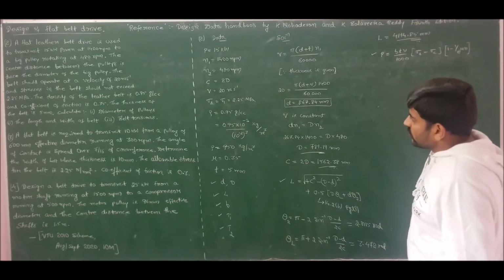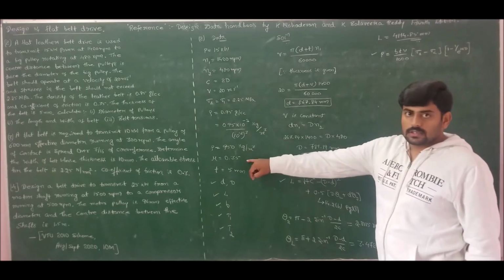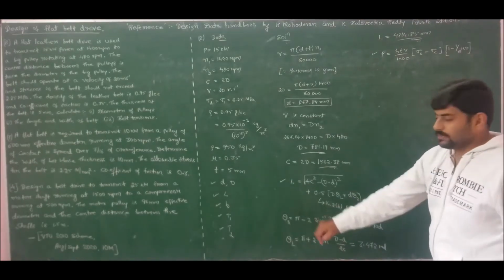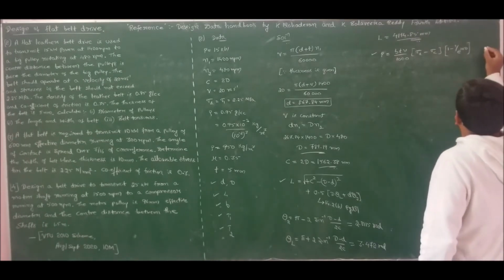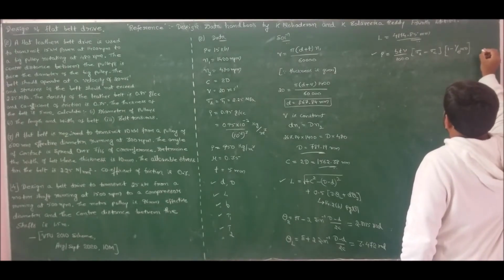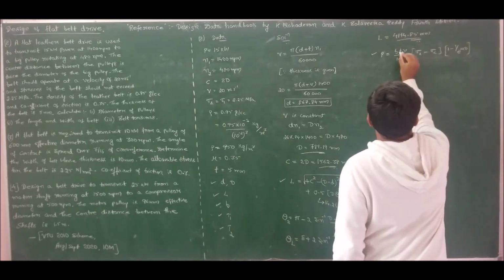Since the coefficient of friction is the same for both pulleys, e to the power of mu theta is nothing but e to the power of mu theta S. So we know all the values. If I substitute and solve, I will get the answer.